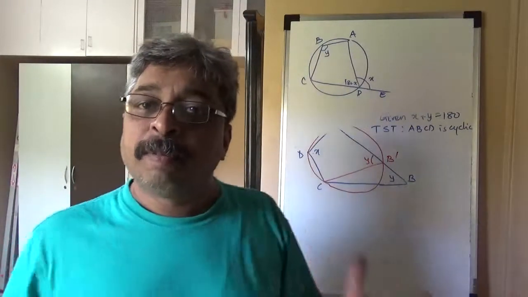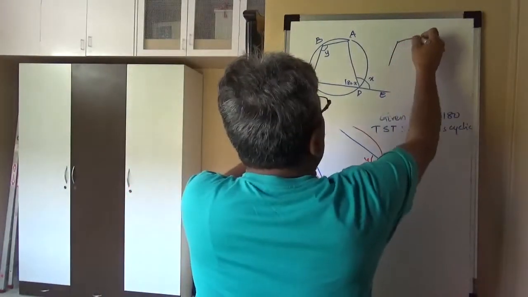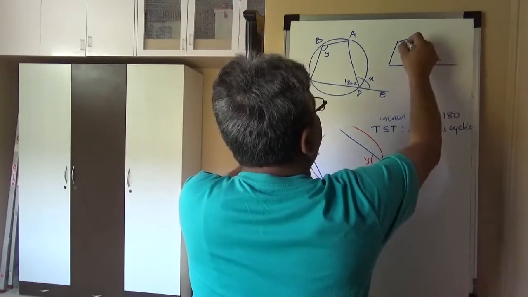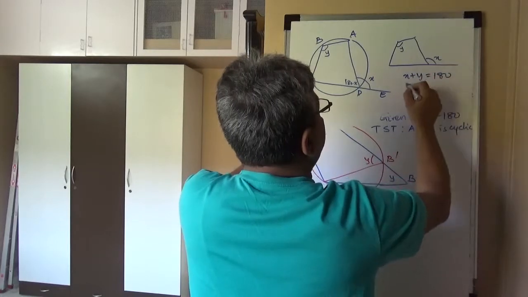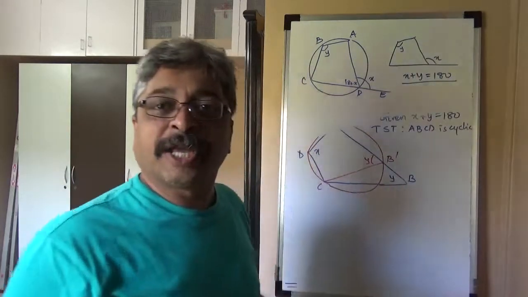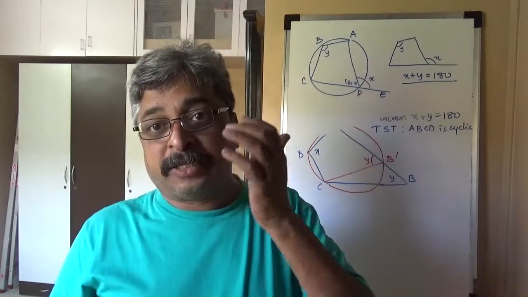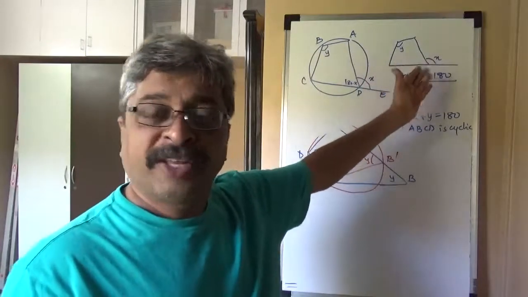Again, the converse of this: if any quadrilateral that you have, and you see that this angle x and this angle y are equal, then the quadrilateral has to be cyclic. These are very important theorems as far as cyclic quadrilaterals are concerned. They are very useful in problem solving, but their proofs are very simple.